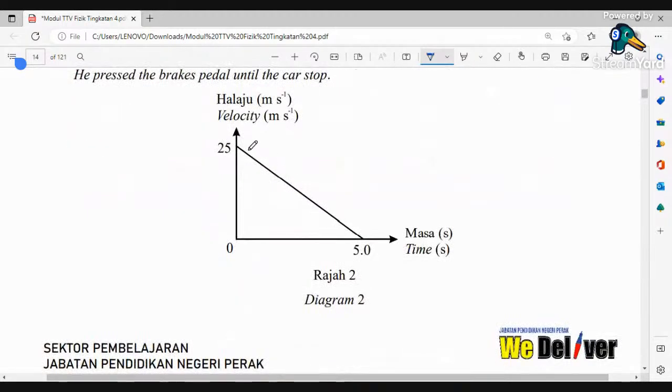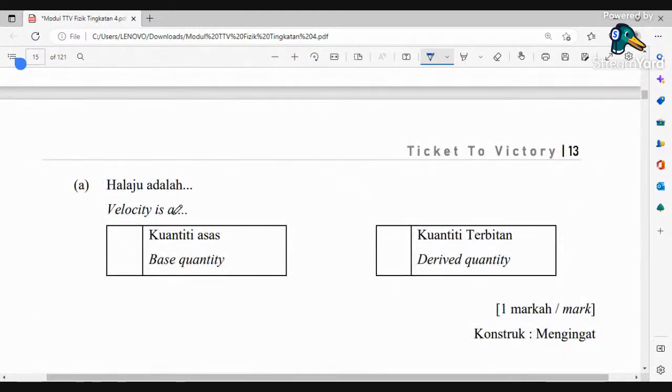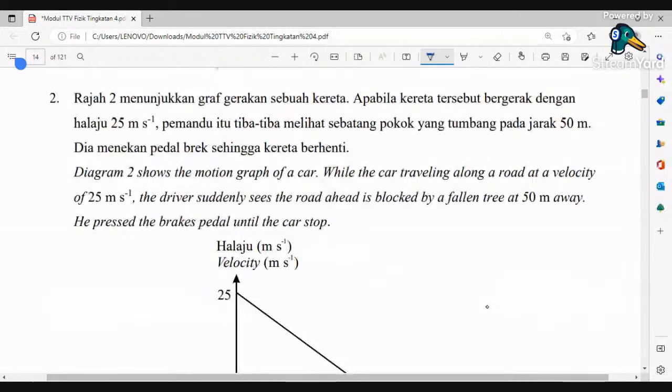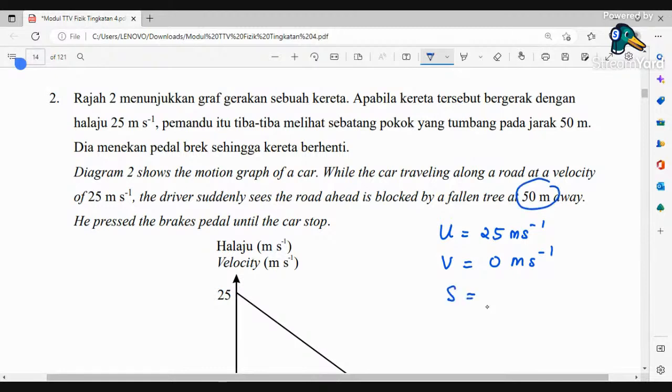Look at this situation: from the moment he presses the brake until it stops. This is the graph. Travelling at a velocity of, meaning u is 25 m s^-1. Finally stopped means v equals 0. The moment he presses the brake, s is 50 meters.